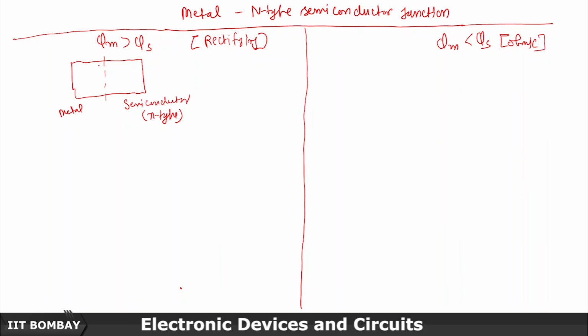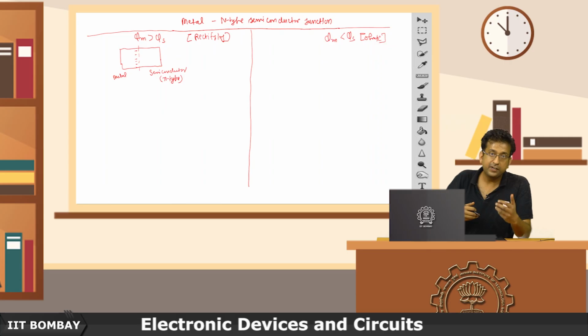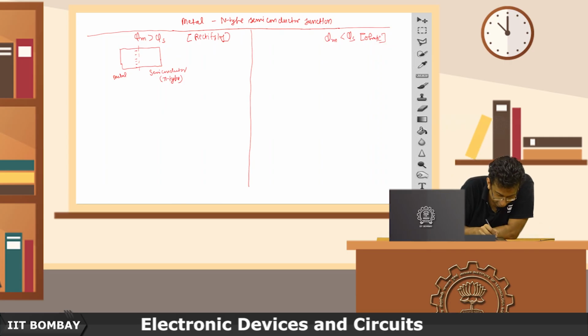So electrons will move from the semiconductor to the metal, so there will be a charge on the metal, and we know from basic electrostatics that in order to prevent the electric field inside the metal, charge will reside at the surface, right? But here, since there are donor atoms in the n-type semiconductor, because they are donating these electrons, they will have a positive charge.